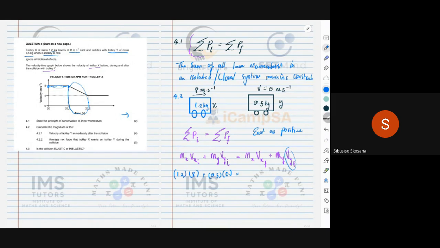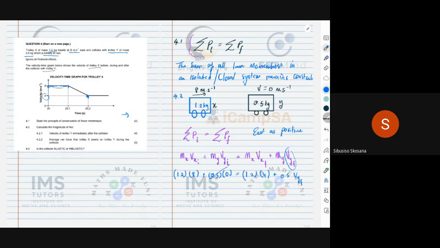And then the final velocity of that collision is this one here, which is 4 meters per second. So our mass of X is going to be 1.2 times 4, all still going east. Then plus 0.5 VYF.